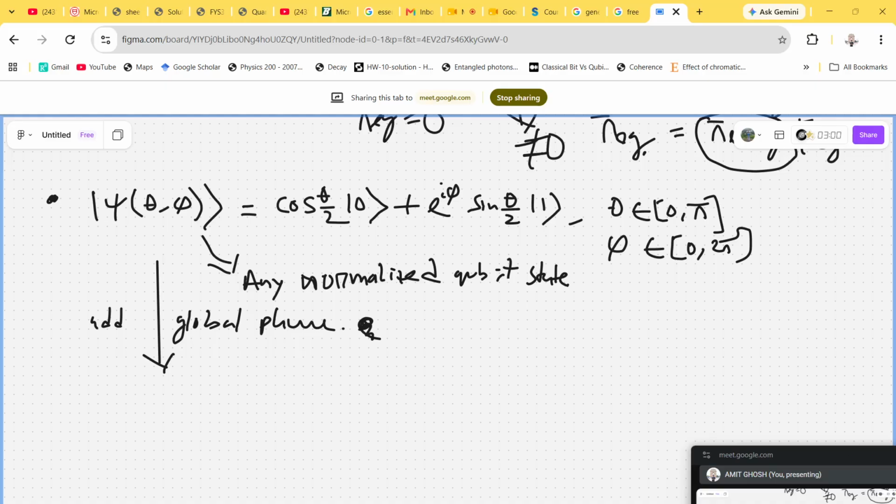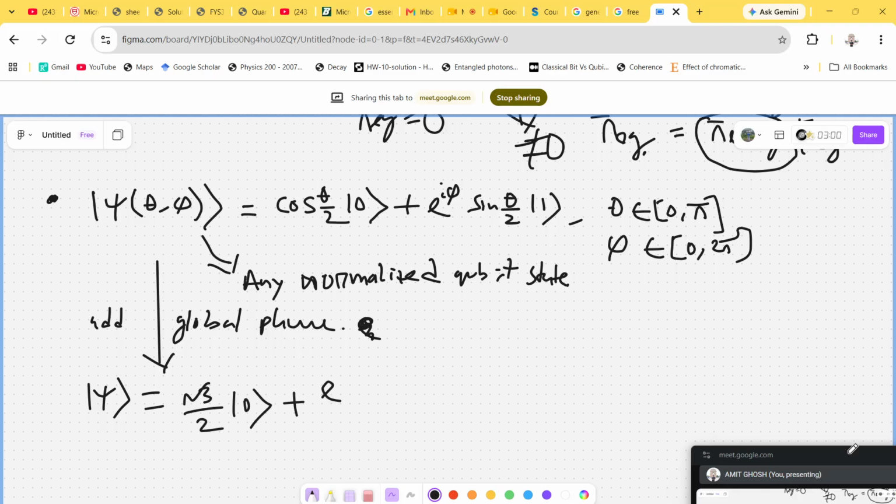Okay, suppose your state is given by, let's do it like this: psi is root 3 by 2 |0> plus e to the power i pi by 3 times 1 by 2 |1>. Okay, this is your state. Just find the theta and phi for this state.